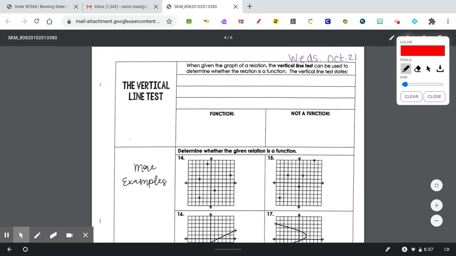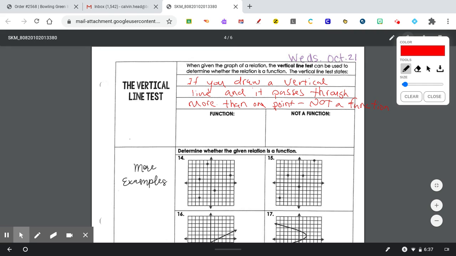Basically, if you draw a vertical line and it passes through more than one point, then it's not a function.